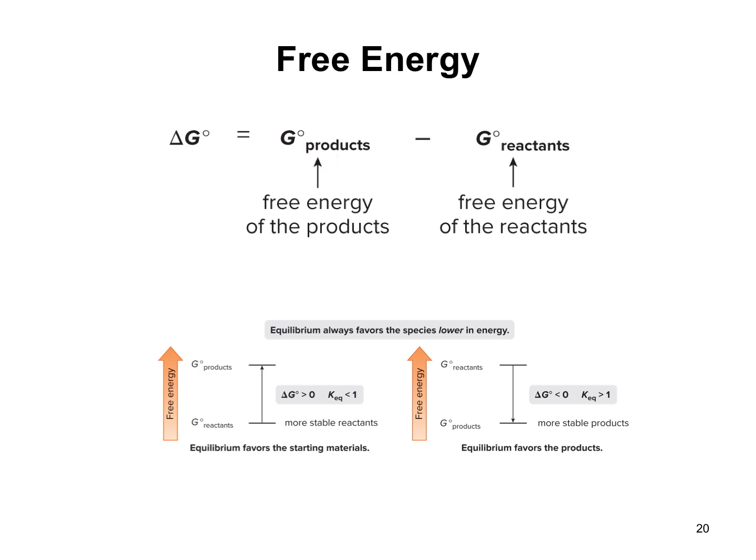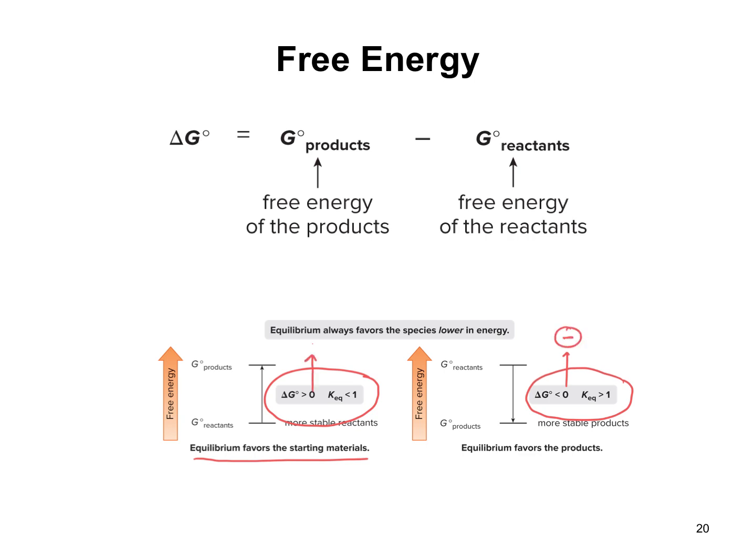And so here is the big take-home message. If your Gibbs free energy is greater than 0, your KEQ is less than 1, equilibrium favors the starting materials. Okay? If your delta G is less than 0, that means your delta G is going to be negative here.